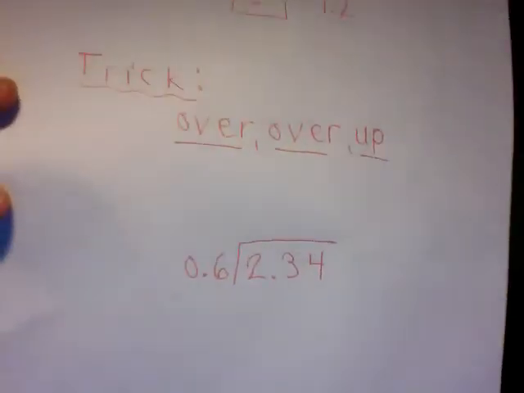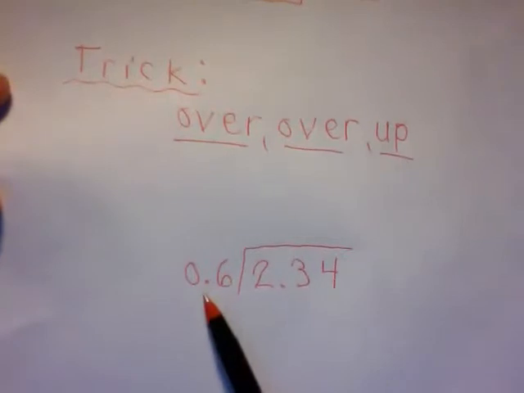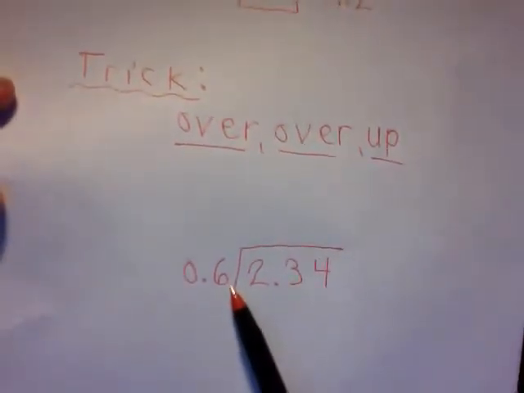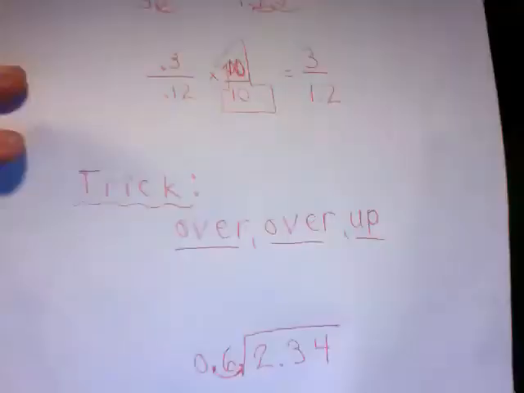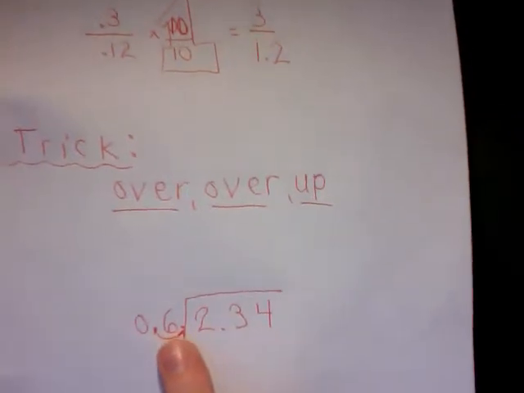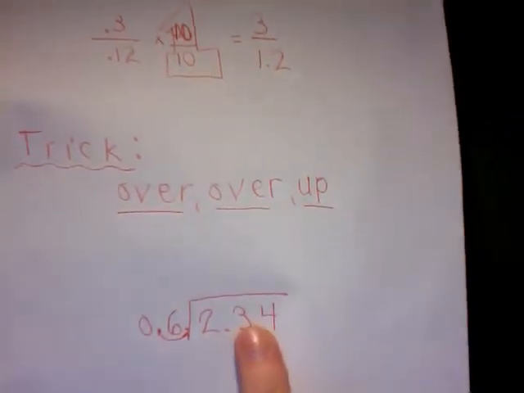Okay, our trick is over, over, up. We're going to start in the divisor. We're going to move this as far over as we can, which is only one place. Okay, so we're going to move that over one place. And now I see that there's 2 places here, but since I only moved this one place over, I'm only going to move this decimal one place over.